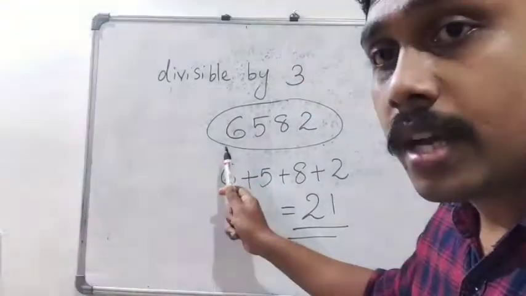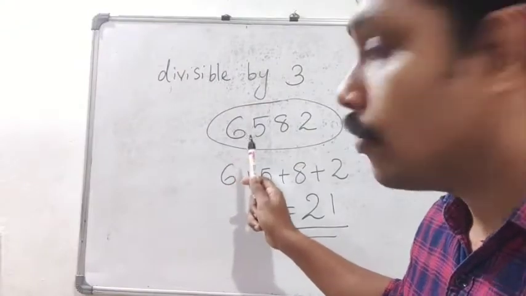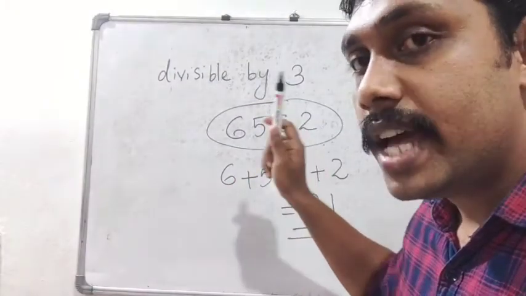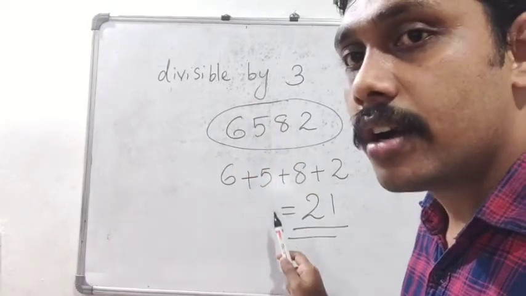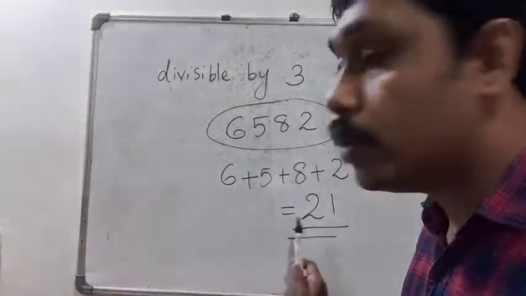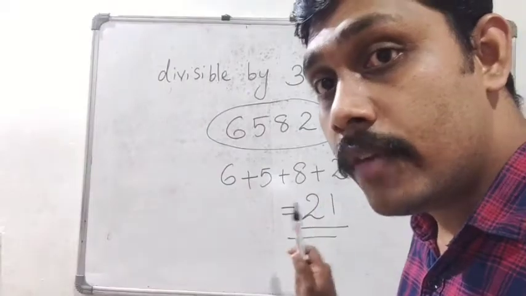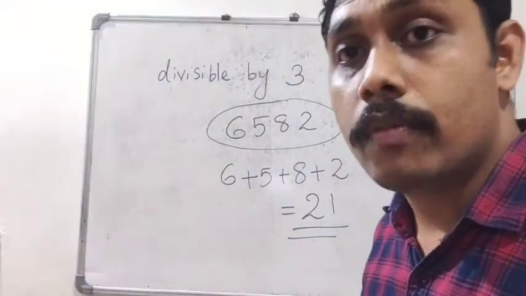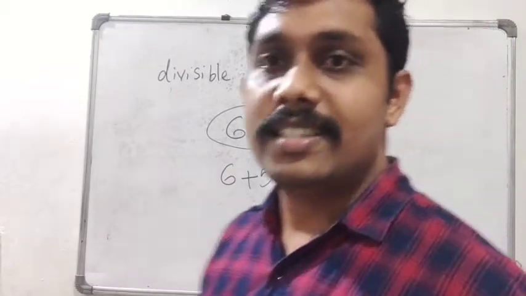Here we have the number 6582. The sum of the digits is 21, and 21 can be divided by 3, so this number can also be divided by 3. This is the second rule.